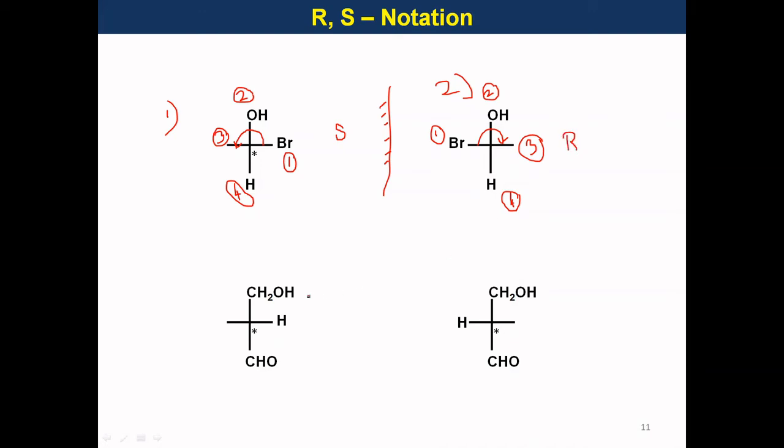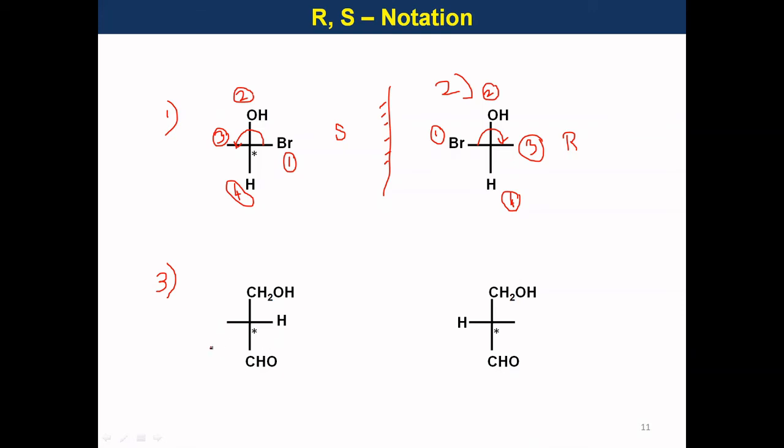Coming to the third one, here a little complication is there, because the carbon is attached to 4 different groups, out of which 3 are carbon atoms. Although they are different groups, they are all carbon atoms. Here we have CH2OH, CH3, CHO.